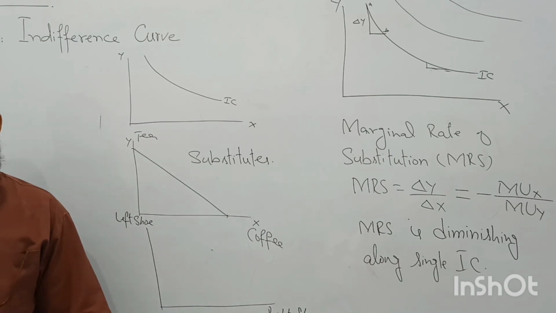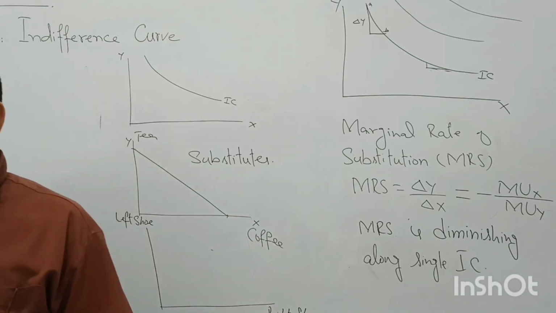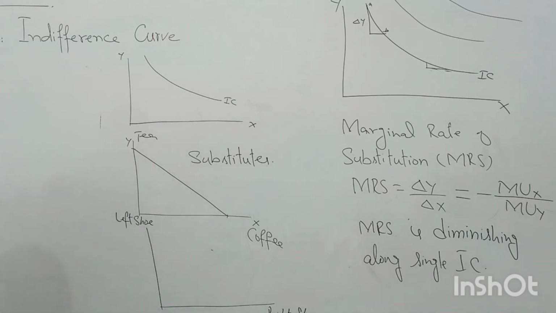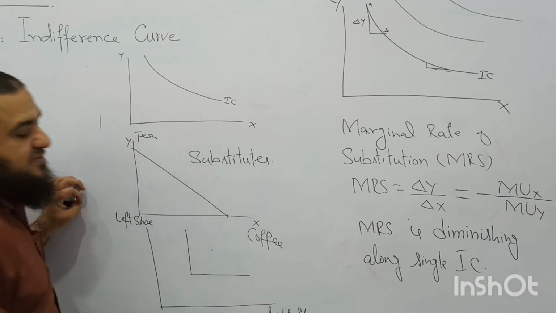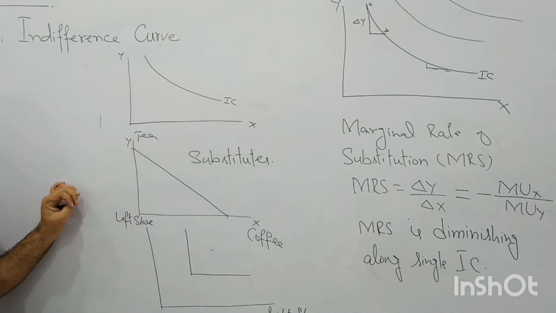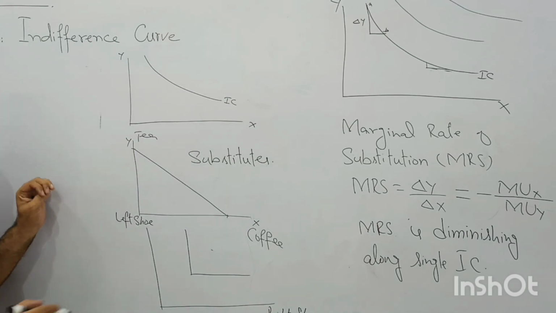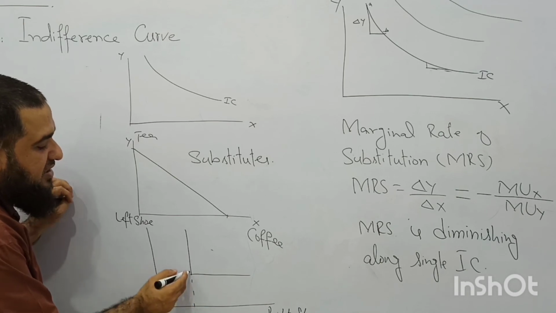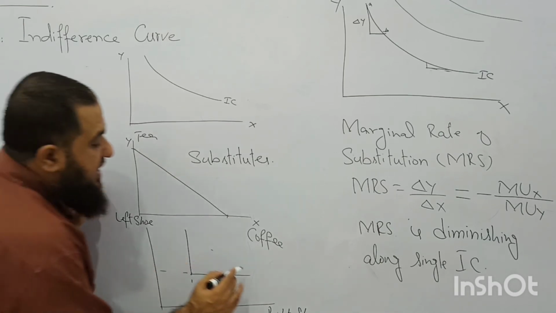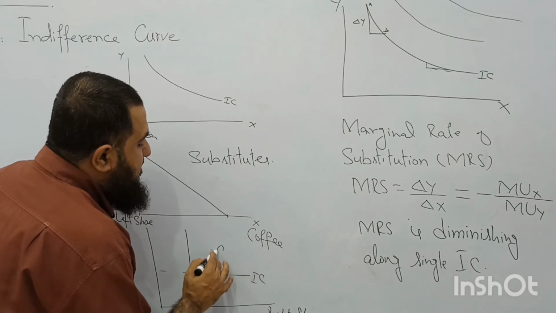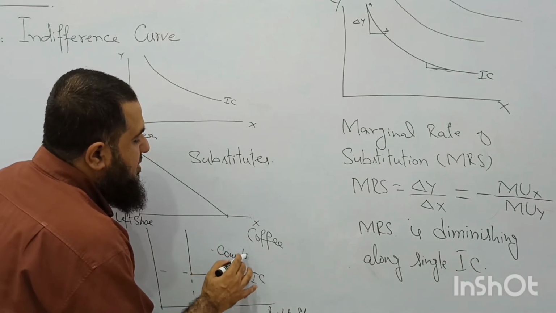Do we buy only the right shoe or only the left shoe? This is not the case. Here the shape of indifference curve will be like this. And what is the solution? Where will the consumer consume? Only at this kink. This is the indifference curve of complements. What do you say?